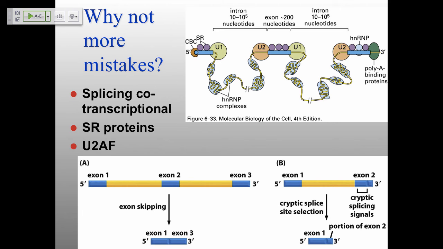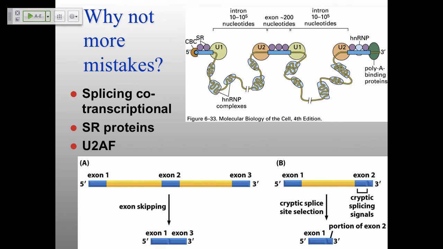How do you get U2 there? You have U2AF. So the binding of U2AF is really the most important part about deciding which exons end up getting used. And this is just one example down here at the bottom of what can happen if U2 interacts with the wrong place or with a different place.